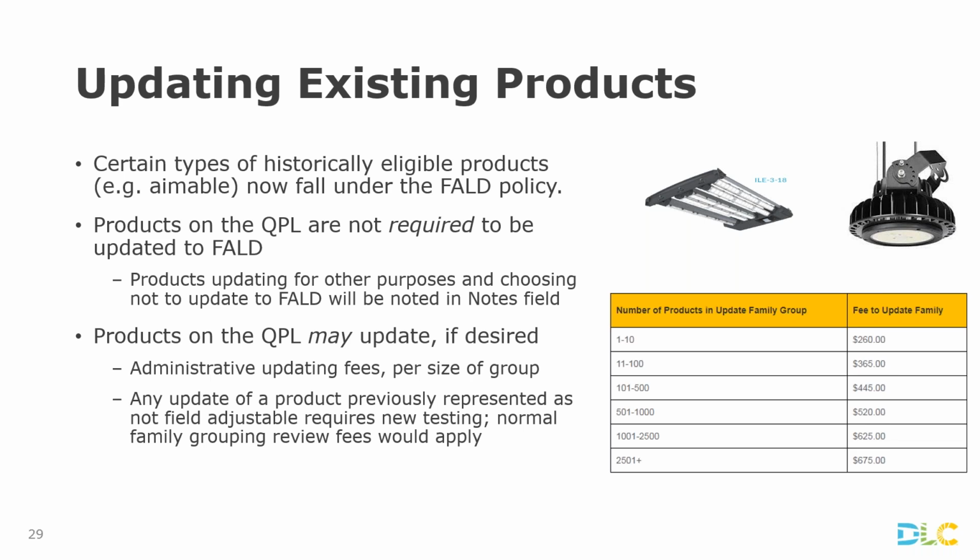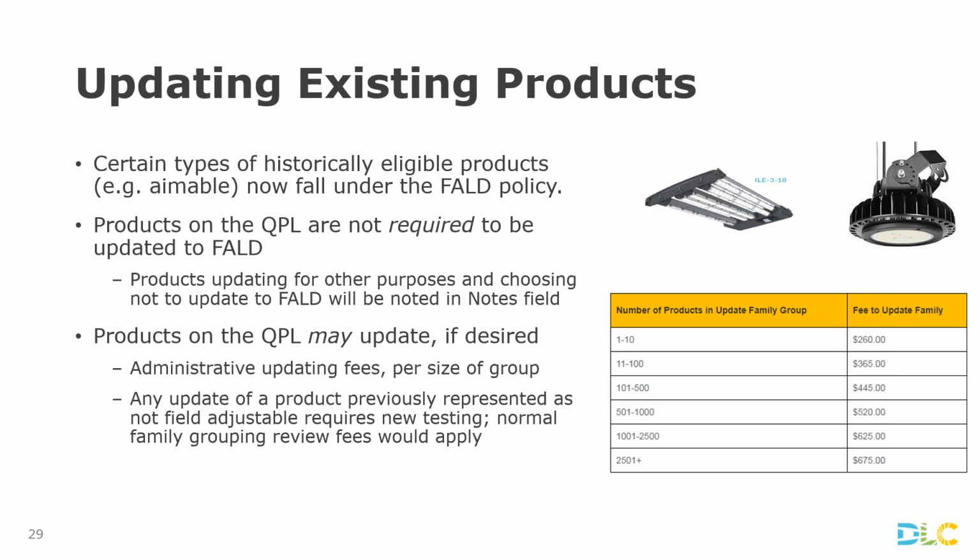If there are no new tests required, that is, if the historical testing you did on your product is sufficient via the new FALD policy, then the only thing that really needs to be done is an administrative, paperwork type update, making sure that we have the right application form, making sure that it's noted with the right values in the right columns to translate over to the database, and therefore update your listing on the public-facing website.